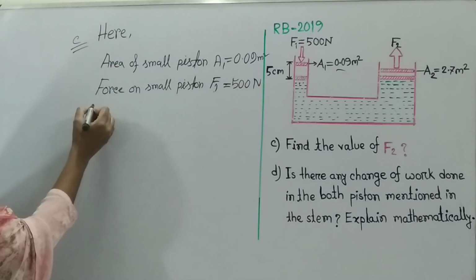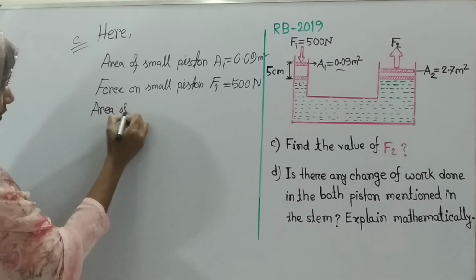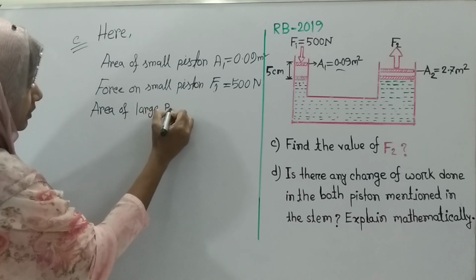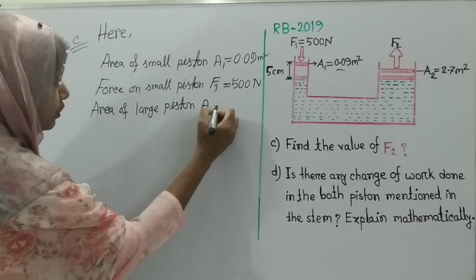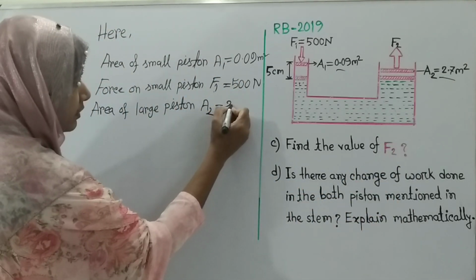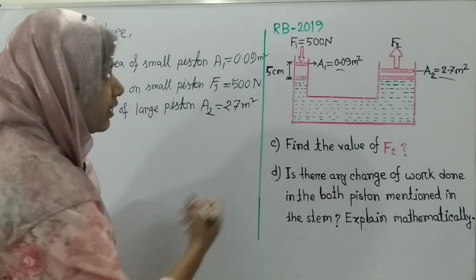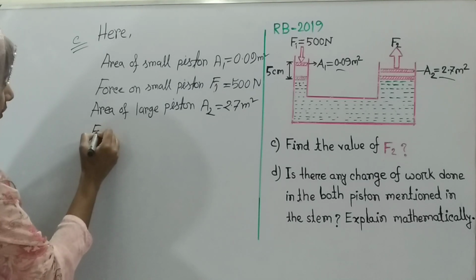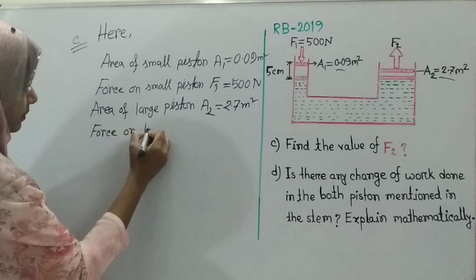Now the area of large piston A2. Here the area of large piston is 2.7 meter square. Now we have to calculate the value of F2, that means force on large piston.